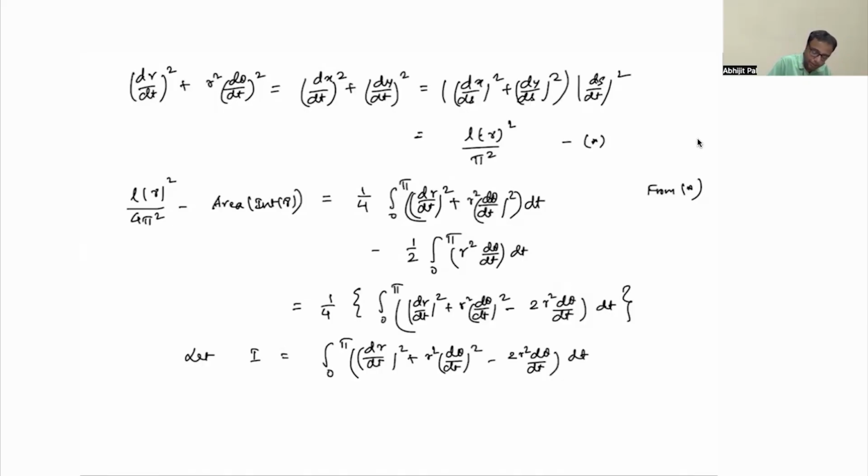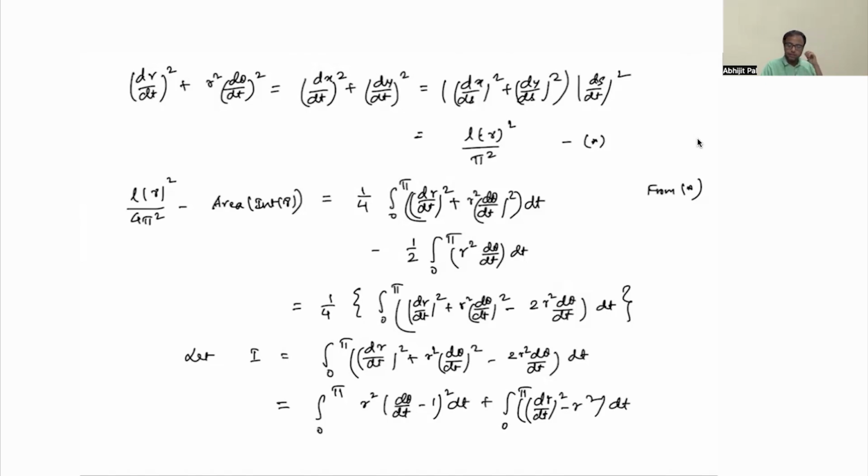So this is equal to the integral 0 to pi of (r square (d theta/dt minus 1)) whole square dt, plus the integral 0 to pi of (dr/dt) square minus r square dt.